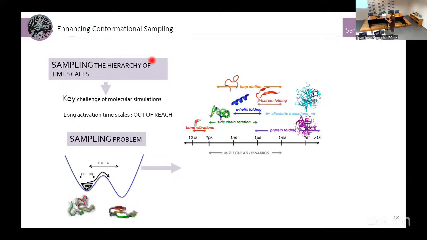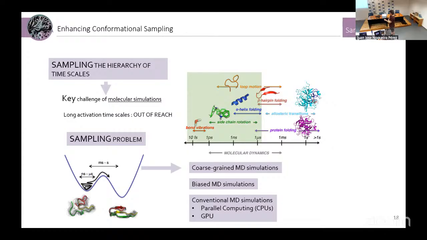Clearly the problem is sampling. We can discuss other problems, but the first problem is sampling. If we use conventional molecular dynamics simulations, realistically, we are limited to microsecond timescales. But this is something that we also discussed yesterday.